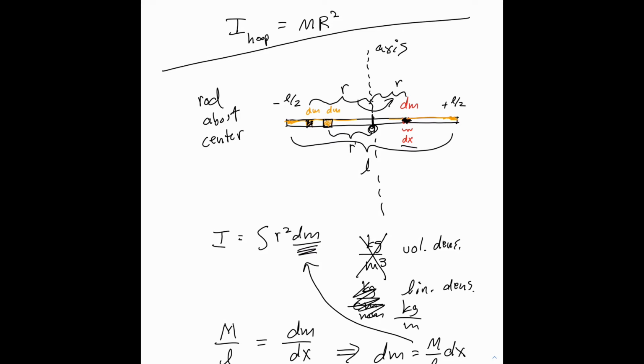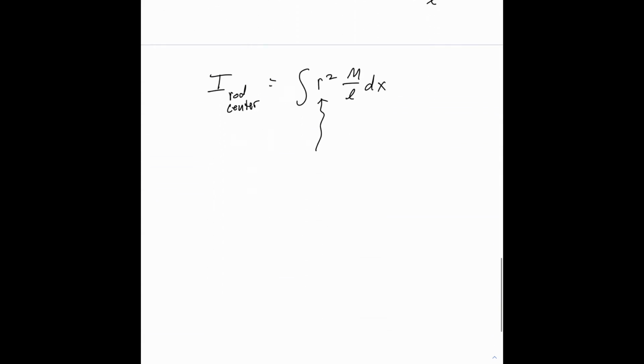So r is a variable. r changes for every particular dm that you picture. Now wait a minute. This r just looks like it's the same thing as what I would call the value of x, right? It's the position of each dm along some x-axis. So let's write it as such and say I is equal to the integral of x squared times m over L dx.